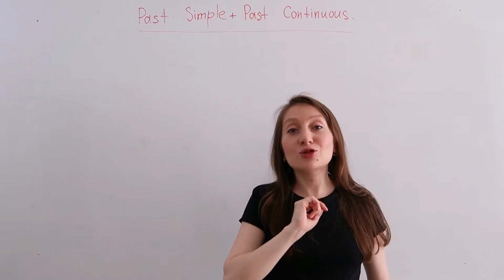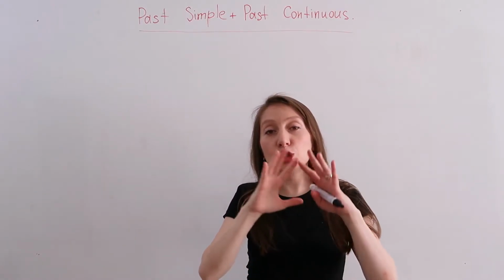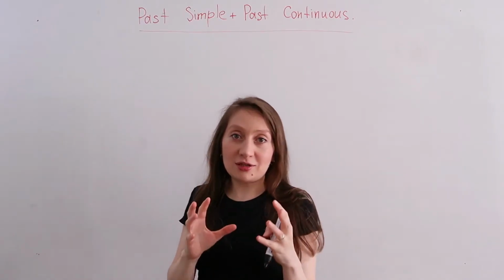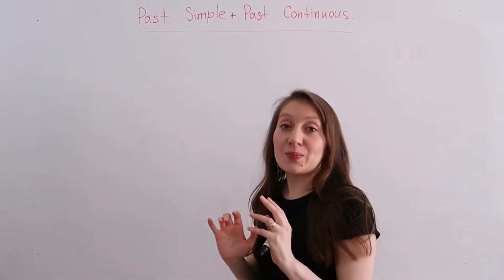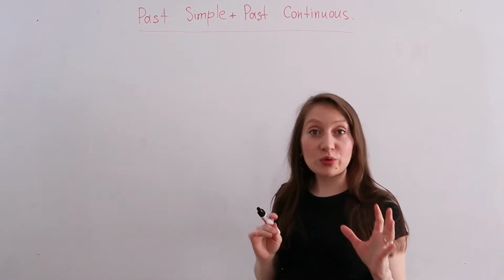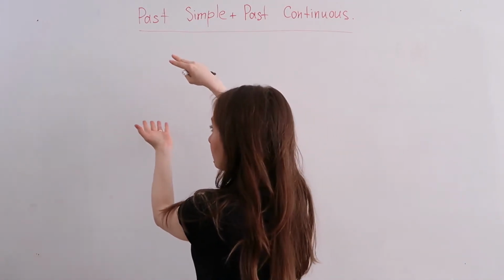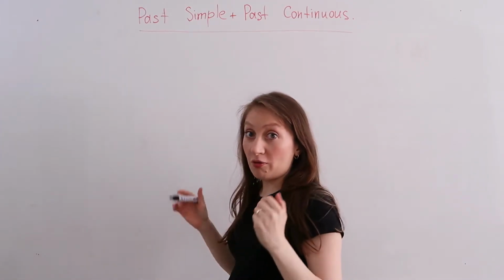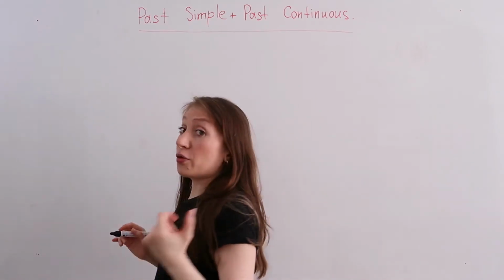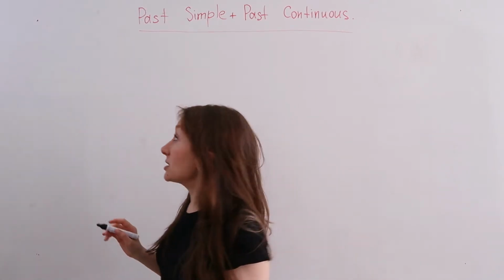So first of all, let's start with the past simple, short information like some examples, sentences. So I will write this sentence and then we will talk about the basic structure of this or that tense. So the sentence, what did you do yesterday?